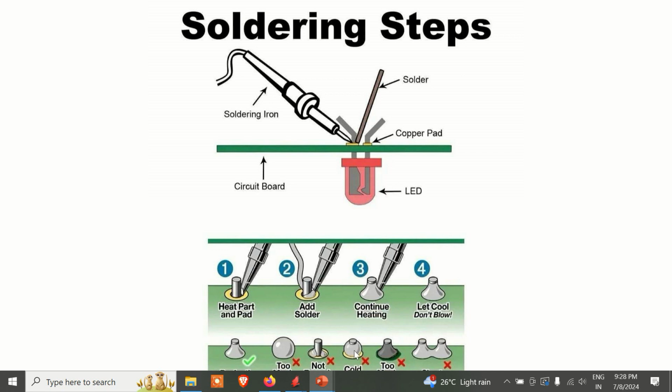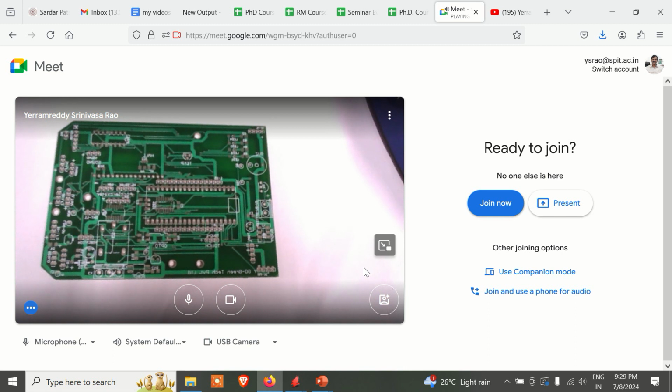That means some portion is liquid, some portion is solid. Only halfway soldered. This is a cold solder, meaning there is no contact between this metal and this pad. And this one is partially melted, and short circuited between the two pads. So slightly heat the gun without metal and remove the metal between the joints. That way you can do the cleaning also.